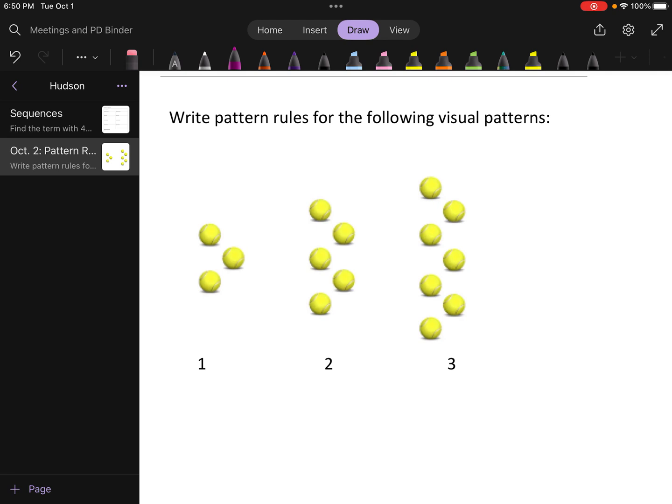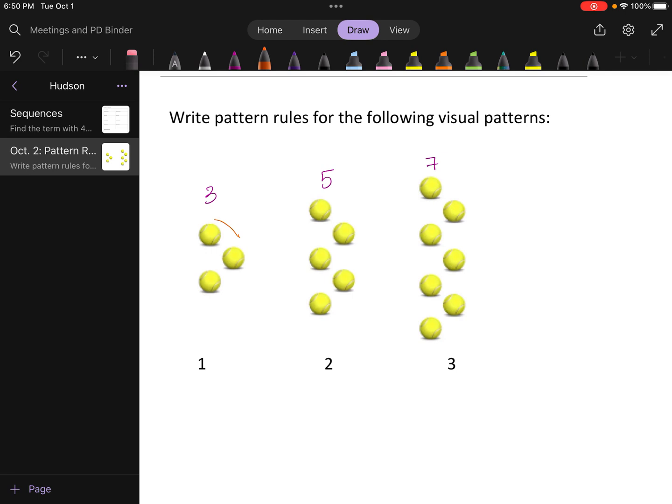Okay, so what I might see is, if I look at my numbers, I've got 3 balls in this first pattern, 5 balls in my second pattern, and 7 balls in my next pattern. Yesterday, some people circled where they saw the pattern growing.